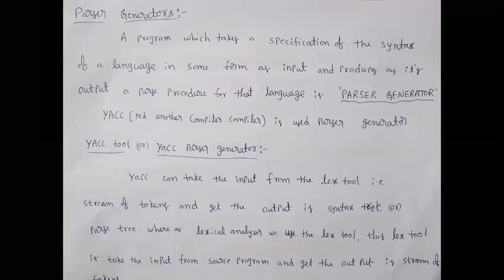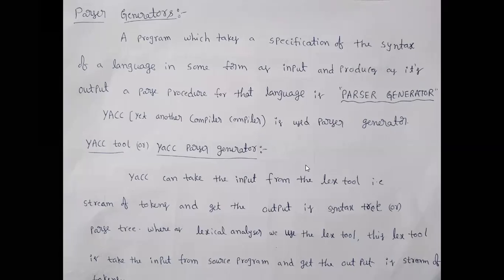That output, the stream of tokens, is taken as the input of this YACC program, and we convert that stream of tokens into a syntax tree or a parse tree by using the YACC parser generator. So this is the parser generator we are using, the YACC tool or YACC program. YACC is abbreviated as Yet Another Compiler Compiler.